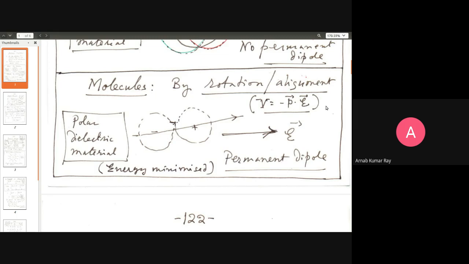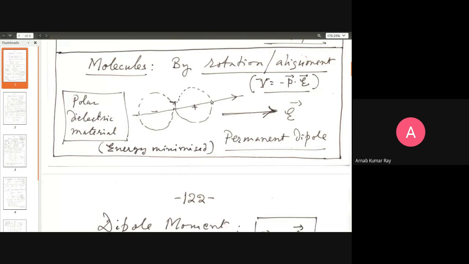So minus into this minus will give +1. Energy is minimized when the alignment is such that, with an external electric field, the plus end is to the right, the minus end is to the left, and the arrows are parallel to each other. That is when energy is minimized.